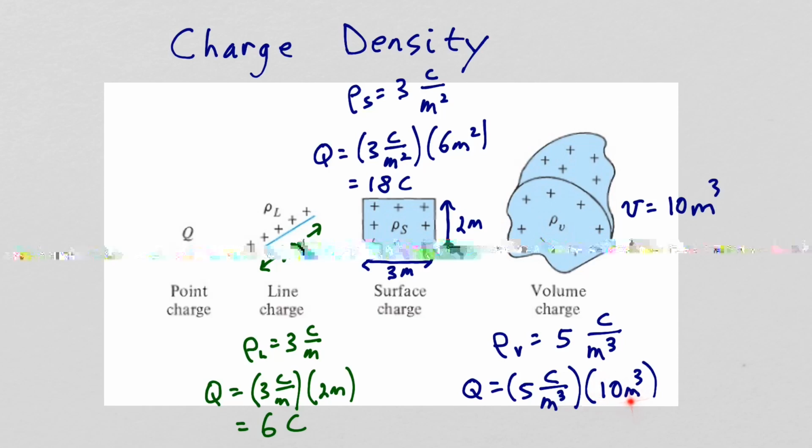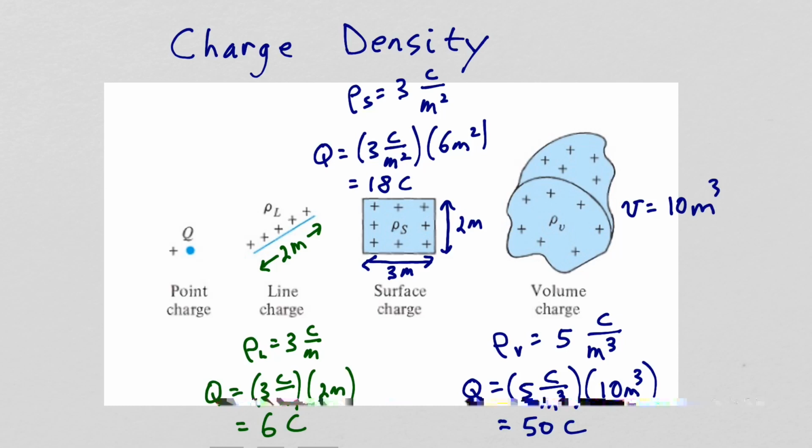The meter cubes cancel, and you're left with 50 coulombs as the charge on that object. In these examples, we were assuming uniform charge densities, but the charge density can vary with position. In that case, to find the total charge on an object, you would have to do an integration.